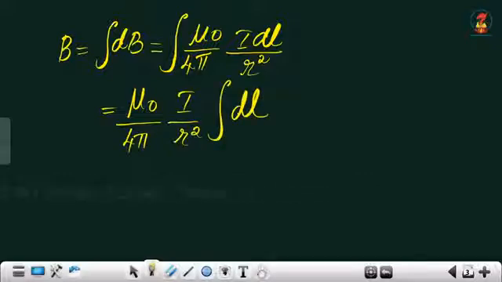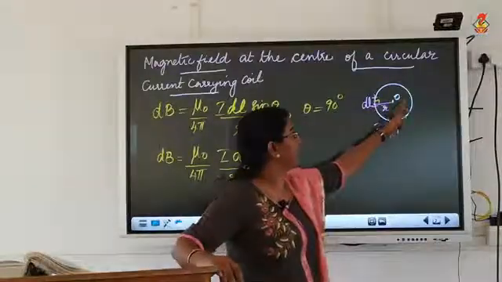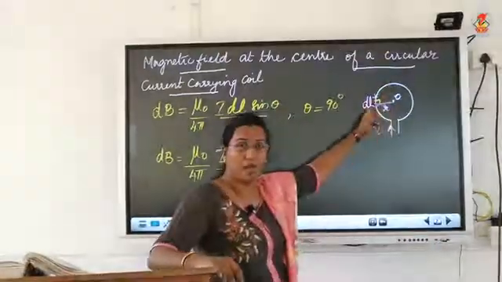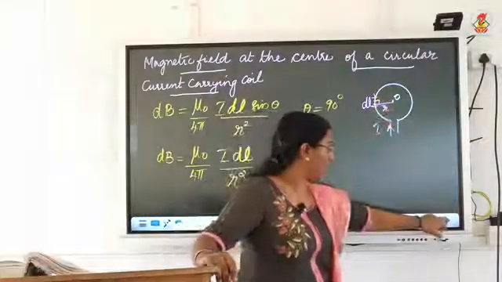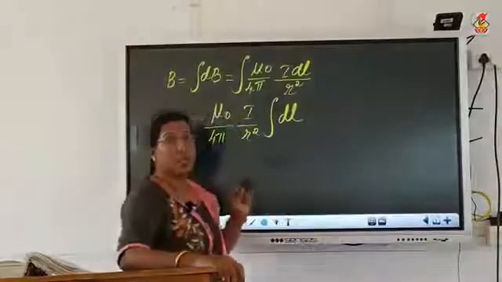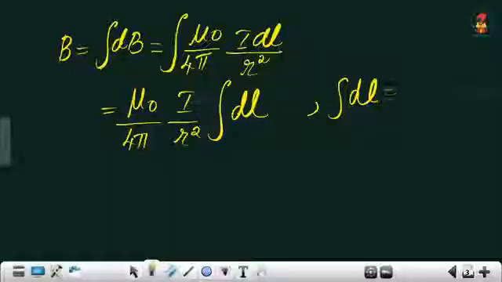Now when you integrate, what do you get? You get the total length of the circular coil, which means the circumference of our circular coil. So integral dl is actually 2 pi r, the circumference.